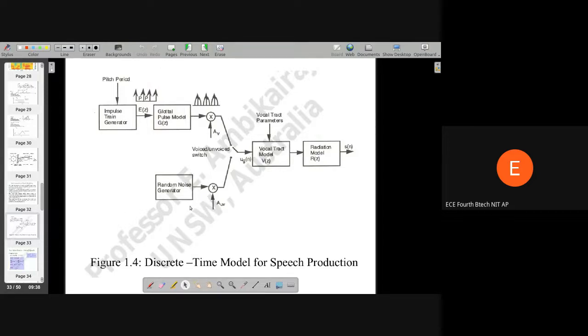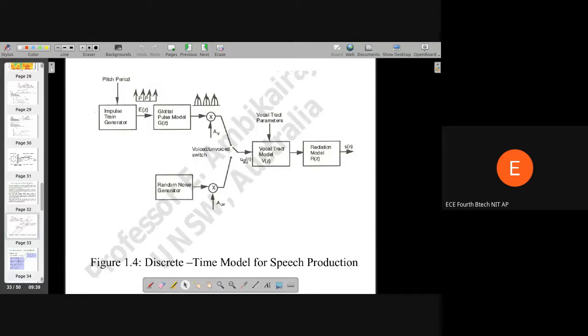For unvoiced, the glottal folds do not vibrate. There is nothing, the glottal pulse model does not exist, so to say, or you can put it simply as one. That means a random noise is used to represent the excitation source, and a gain term is multiplied with it.